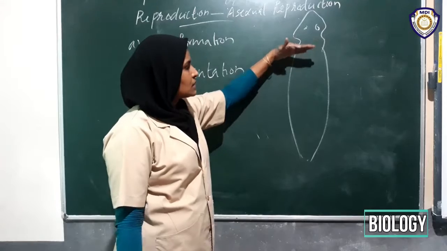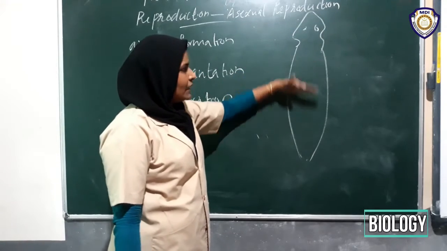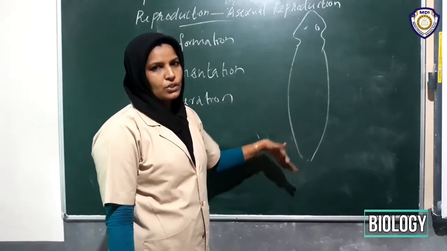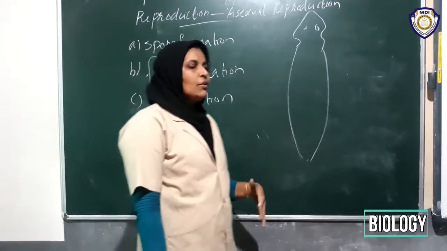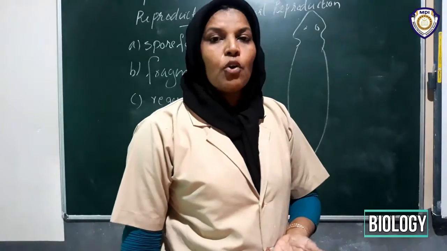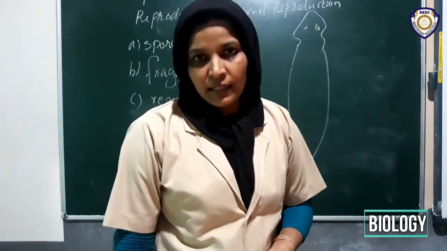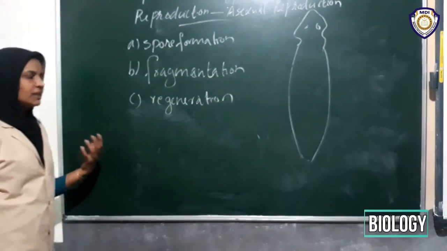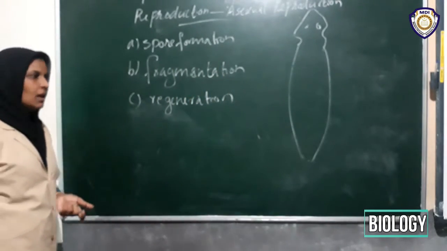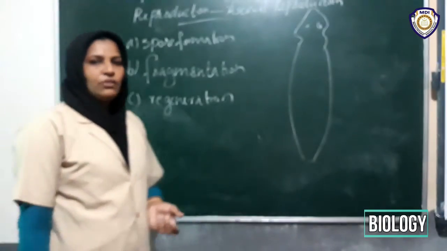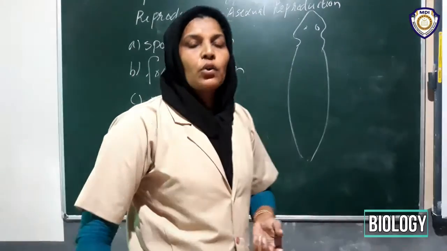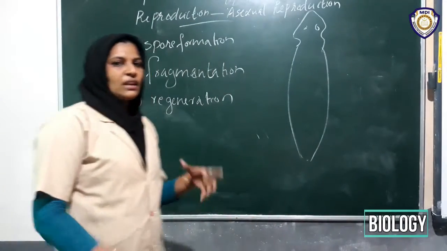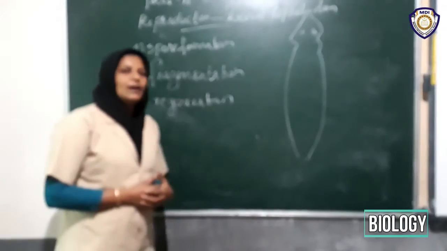If it loses the middle portion or tail portion, it also replaces its lost body parts. So which organism exhibits more regenerating capacity? That is planaria. Regeneration is one of the asexual reproduction processes by which the organism can replace its lost body parts. So children, find out the differences between fragmentation and regeneration.